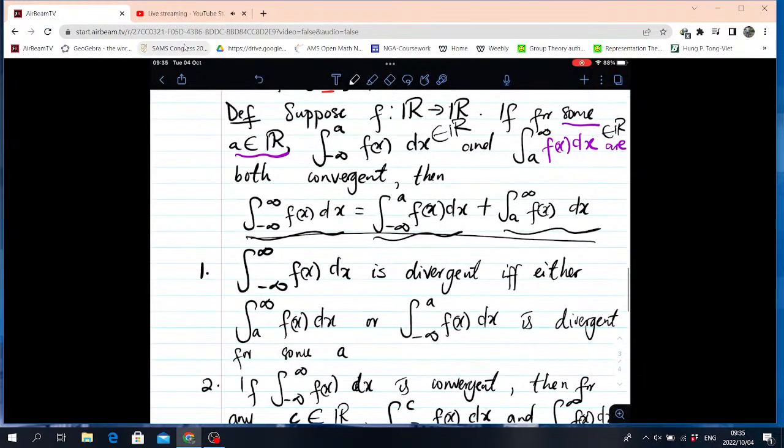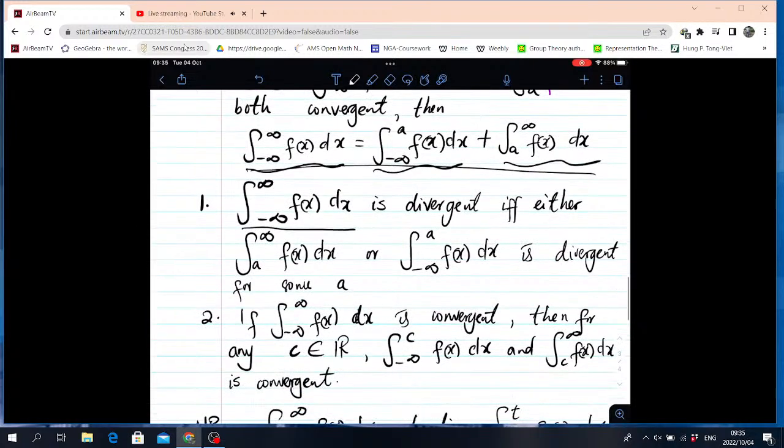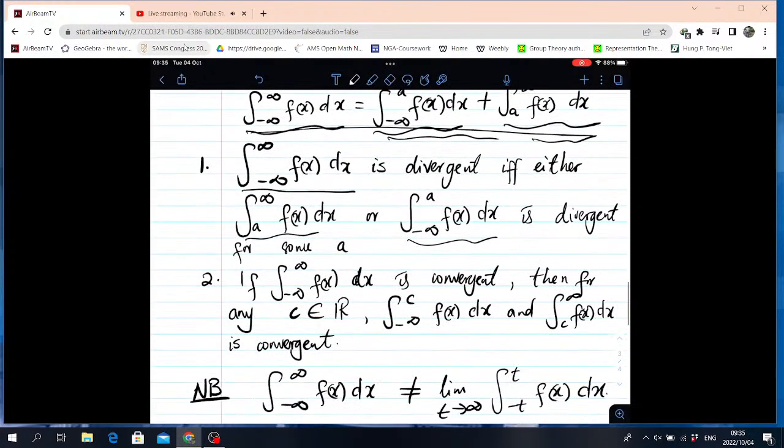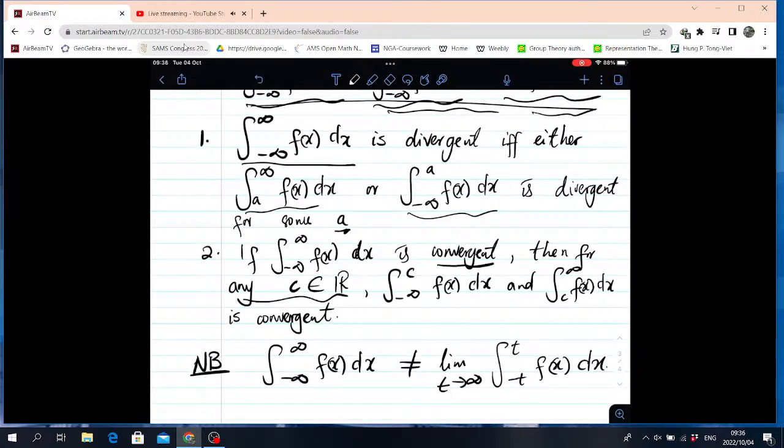And what it means is this integral is going to be divergent if one of the integrals is divergent for some a. Right, and if it is convergent, then it is going to work for any c that you pick.